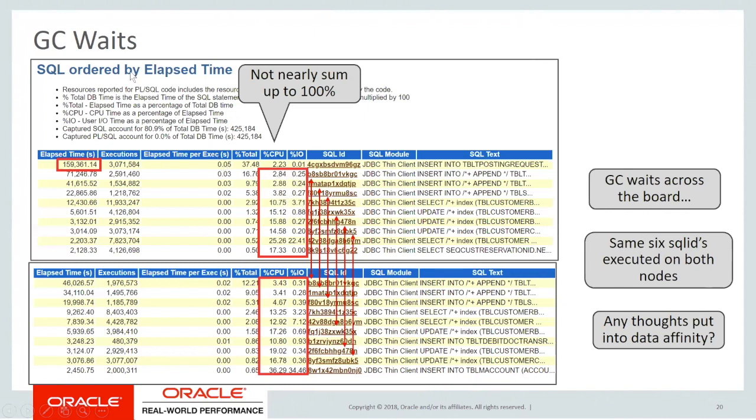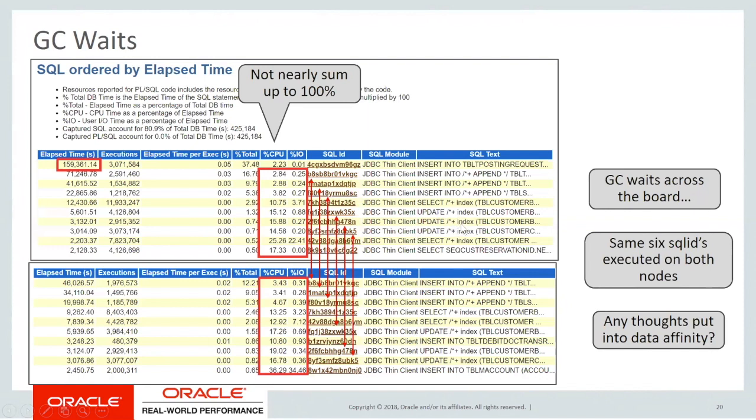You can verify that again by going to the SQL ordered by cluster wait time: there are 3 insert statements and 3 update statements. Those 3 insert statements, these 3 SQL IDs, are executed on both instances simultaneously. Also the 3 update statements: same SQL IDs over here and the same SQL IDs over here. So it looks like people have started using RAC for this application without putting any thought into data affinity.